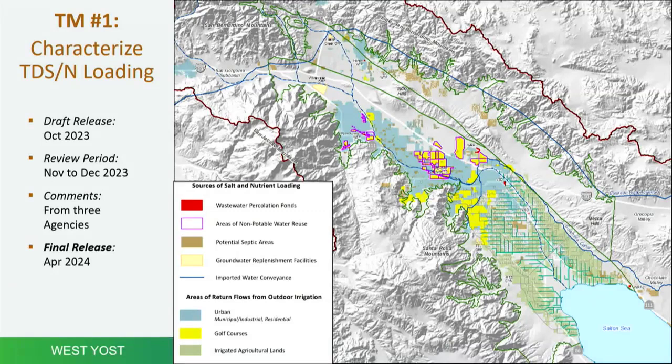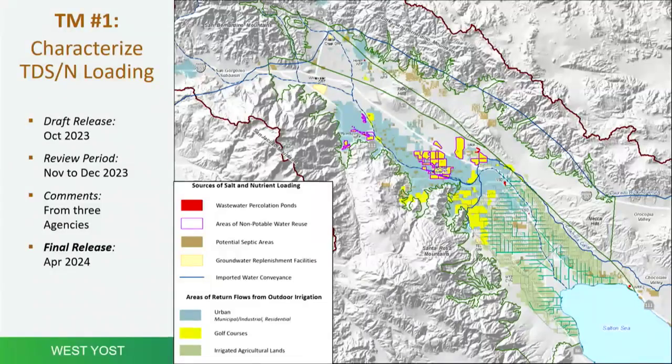This is an example of one map that we included in this technical memorandum number 1, which is color coded. You see the entire groundwater basin here, separated into its subbasins that are outlined in green. But all the color shading that you see on this map represents different places where TDS and nitrogen are being loaded to the groundwater basin.